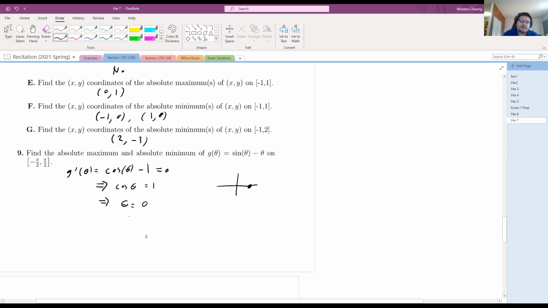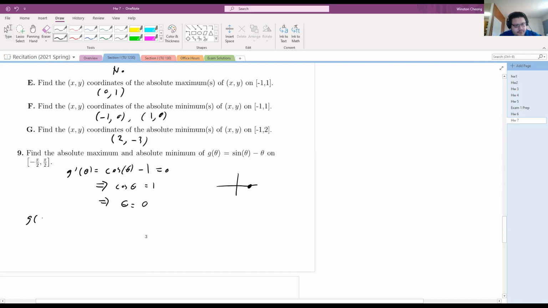So what does this actually conclude for us? Ordinarily, we would say this is a critical point, and then you would draw a number line and think, is it a min or max? But we can shortcut that. We can skip that step, because for absolute min or max, all we need to do is plug in at all critical points, which the only critical point we found was 0 here, and at the endpoints, which are minus pi over 2 and pi over 2.